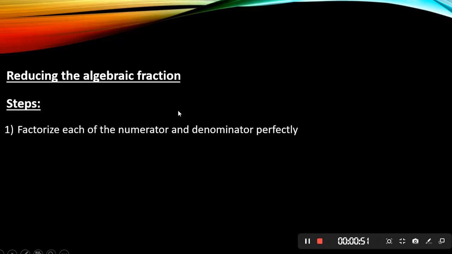First, I would like to tell you how to reduce algebraic fractions. Reducing means simplifying. I have 3 steps. Number 1, I will factorize each of the numerator and the denominator.